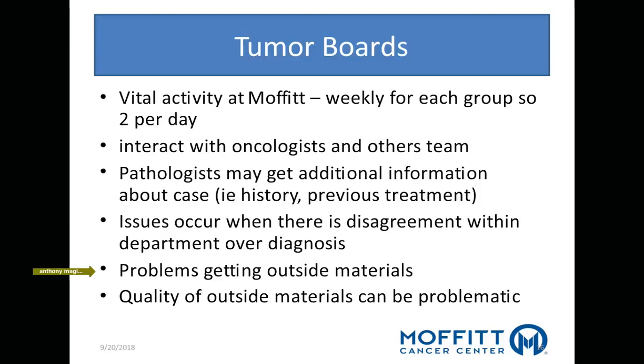Another problem is that we don't always have all of the external outside material, and this outside material can be really critical for making the correct diagnosis. So it is imperative that as much of the outside material is obtained as possible, but the right slide may not have been sent, et cetera.